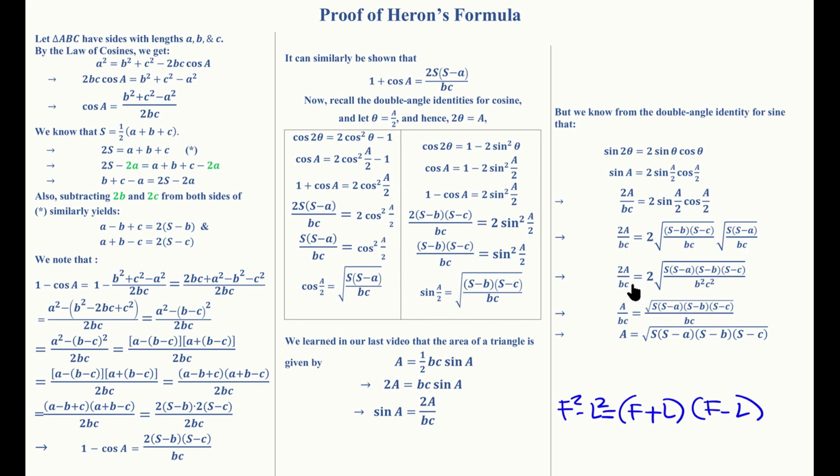And also we can get rid of the 2's and we can split up these because this is a perfect square, so we just get square root of s times s minus a times s minus b times s minus c over bc. Notice we have the same denominator, just multiply it on both sides and it'll go away. You end up with A equals exactly what we were hoping to get, and that's Heron's formula.